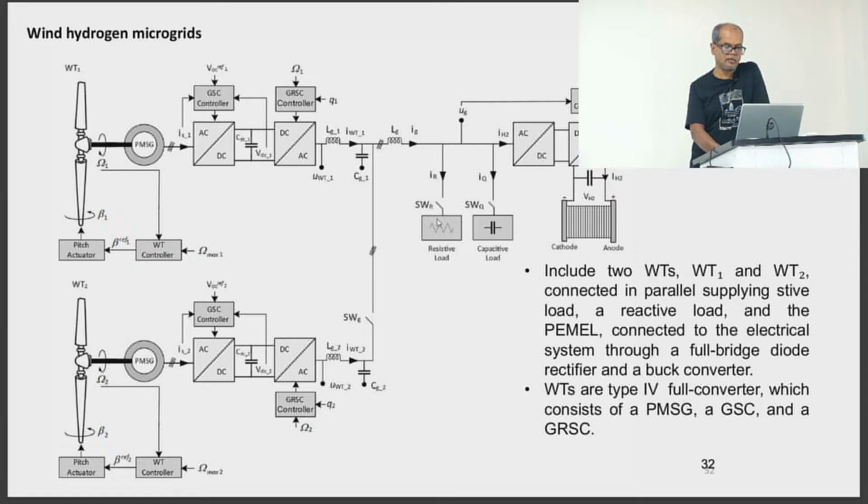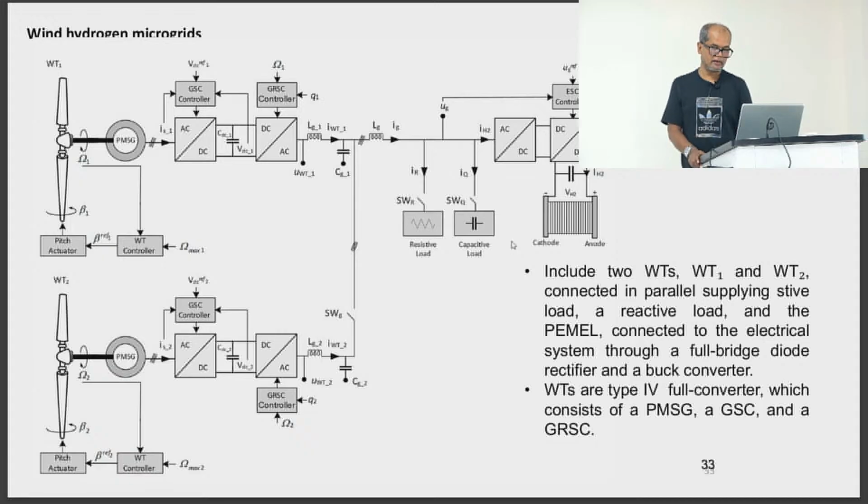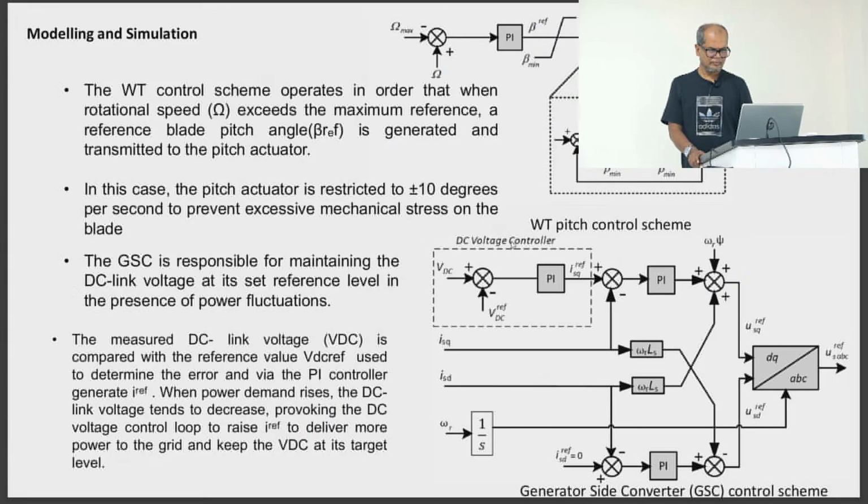And then you have two types of load. One is resistive, another is a capacitive load. And then you can do that modeling if you want, working in this sort of configuration, and then you can do the simulation.